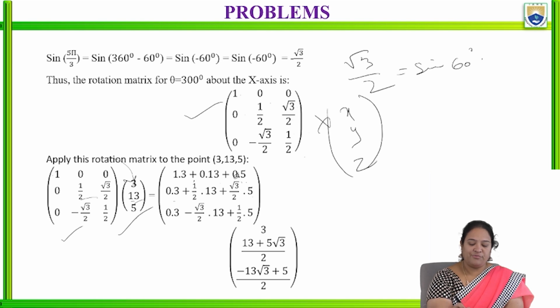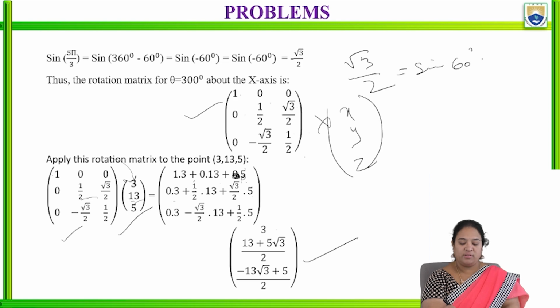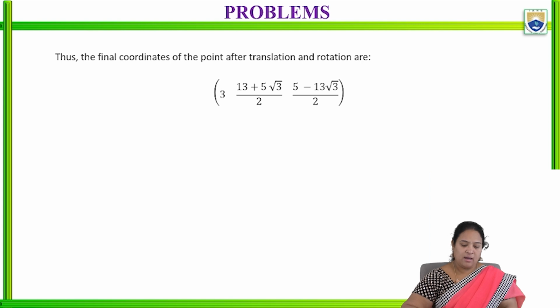So what we have got? 3. Right? So what is the final matrix which we have got? 3, 13 plus 5 root 3 by 2, and minus 13 root 3 by 2 plus 5. That is the result which we have got.